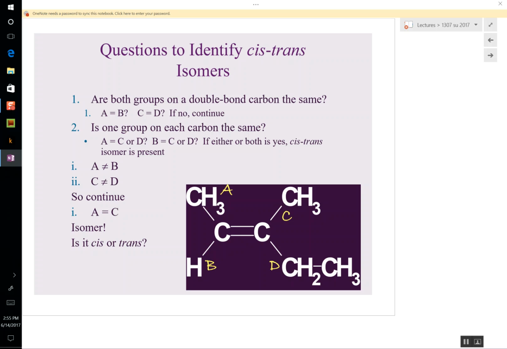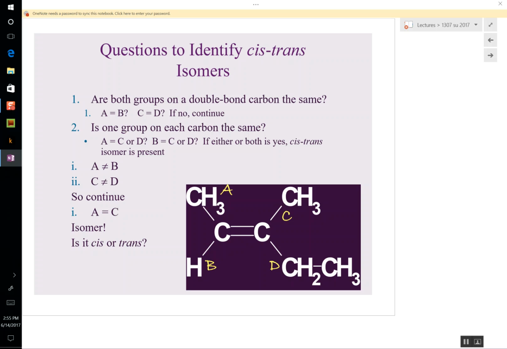And you basically have to get yes answers to all 3 questions. If you can answer yes to all 3 questions, then you do have cis and trans isomers. So you can see here, here's our double bond. So ignoring that, we're looking at the 4 things that are on that double bond.